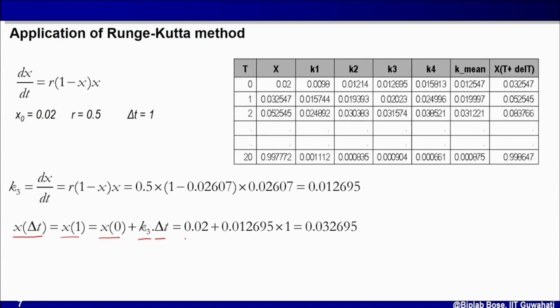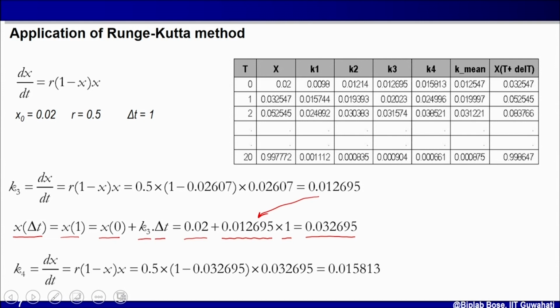If I put in numerical values, x at 0 is 0.02, that is the initial condition, plus the slope that I calculated in the last step into 1, where 1 is the time step size, which is equal to 0.032695. That is the value of x when I extrapolate the straight line having slope k3 from x at 0.